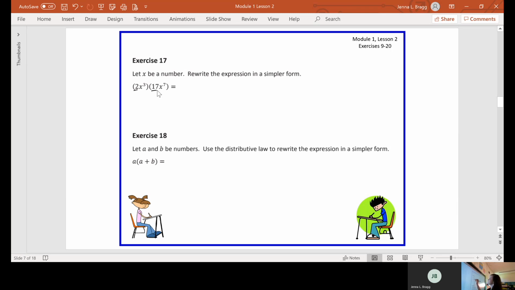So I'm going to multiply 2 times 17 times x to the 3rd times x to the 7th. 2 times 17 is 34. Those have the same base, so I'm going to add my exponents. And I would end up with a final result of 34x to the 10th power.